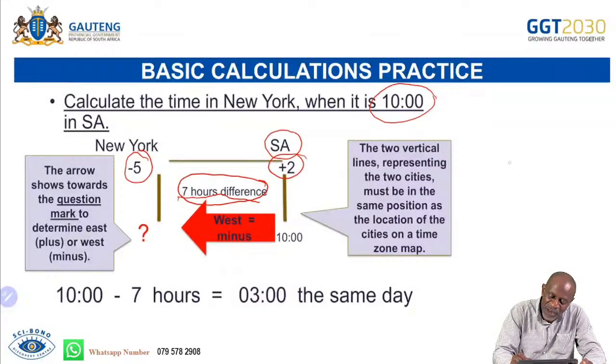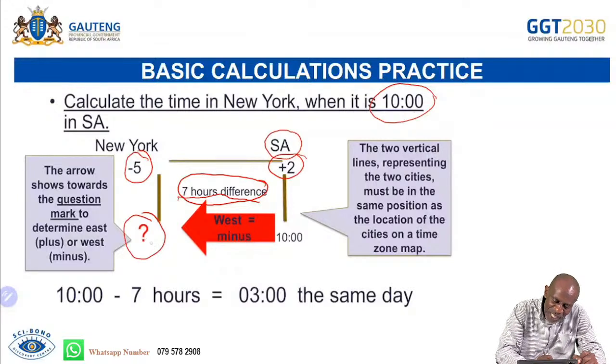So if you start counting from +2 towards the west, because the west is where our question is. It's the time which we want to establish, which we want to determine, as the question wants us to calculate the time of New York when it is 10 o'clock.